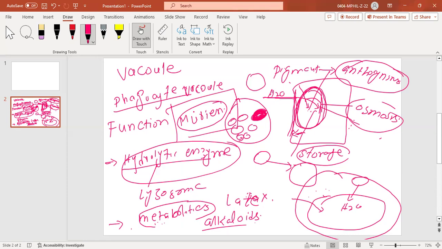But if you are talking about eukaryotes, the cell wall is made up of cellulose. Also the 70S, 80S ribosome difference. In case of prokaryotes, you should know about the difference.